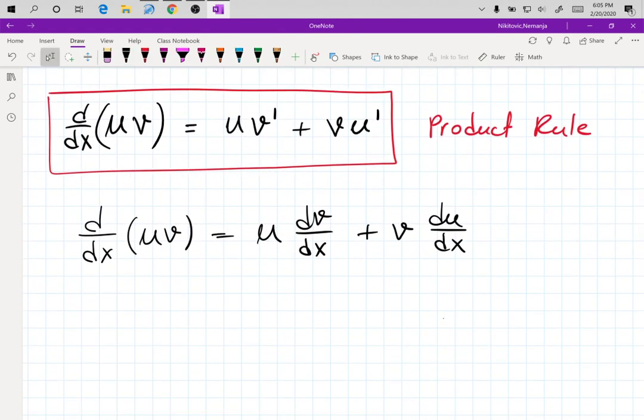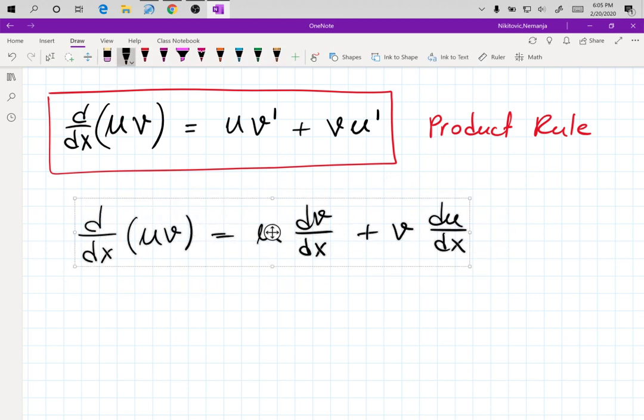And now I'm going to integrate both sides in respect to x. Now, when you integrate in respect to x, you have three integrals to work with. So I'll write this again and then integrate.